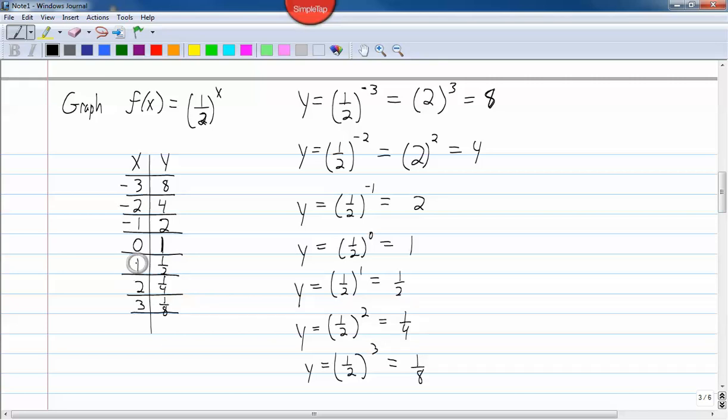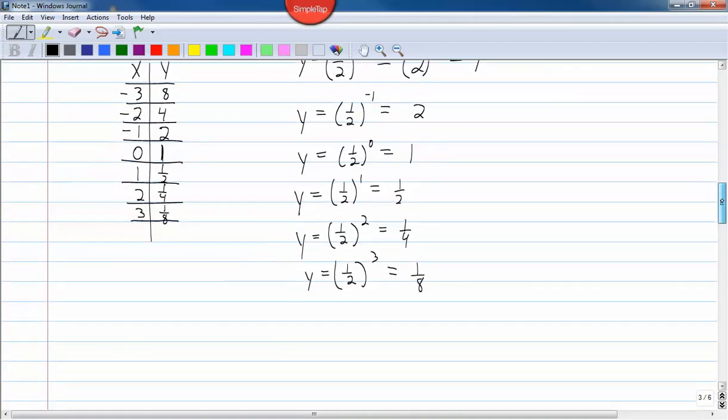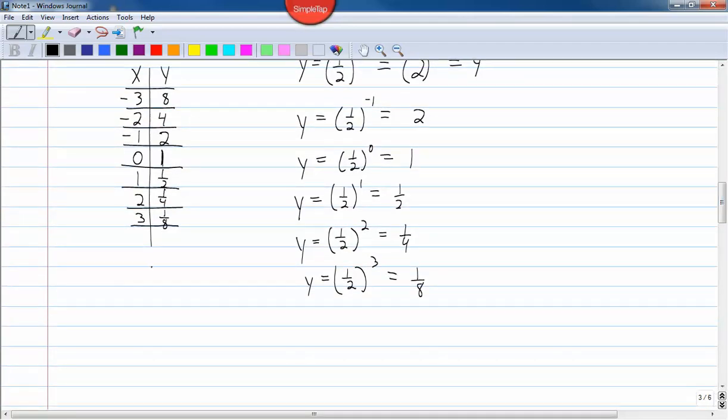Alright, so you can see as these numbers get larger and larger, the y gets smaller and smaller. Let's see what that would look like graphed. Alright, -3, 8.